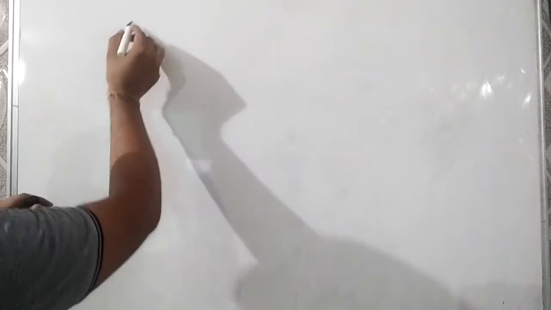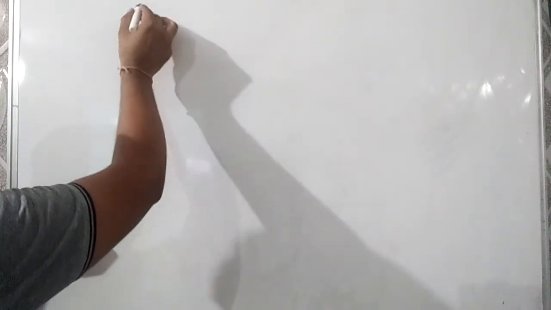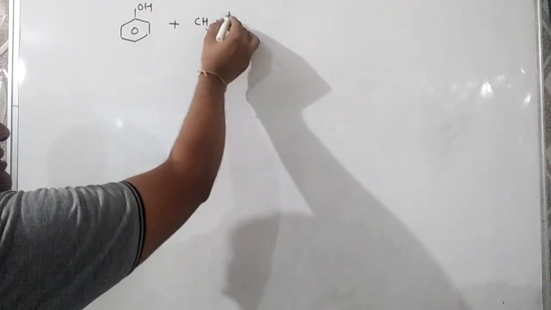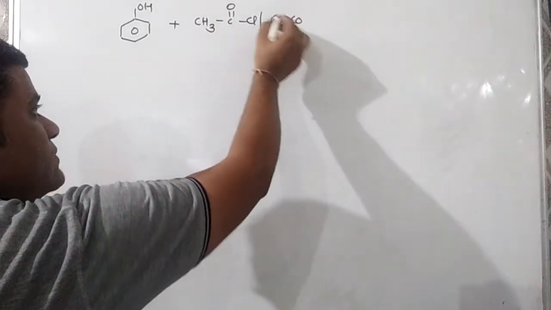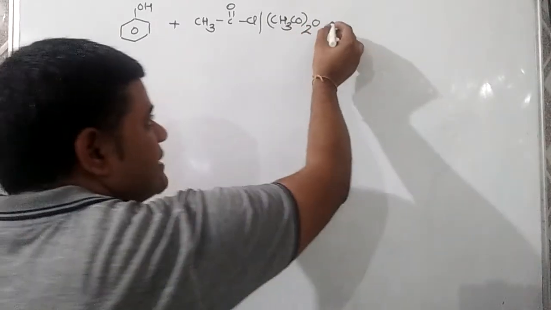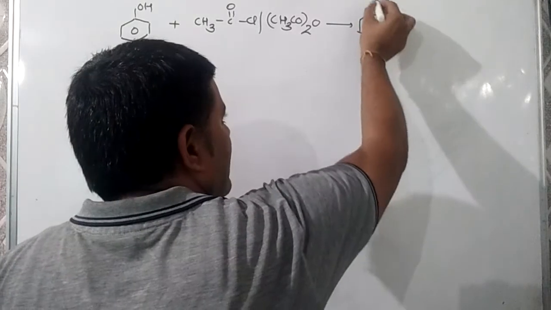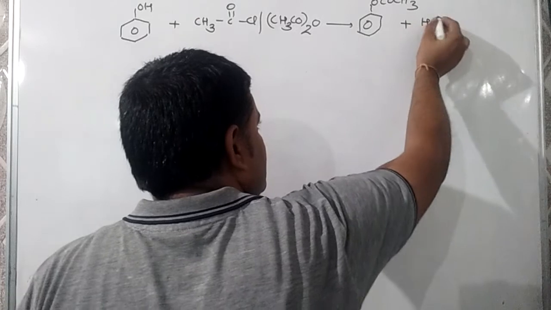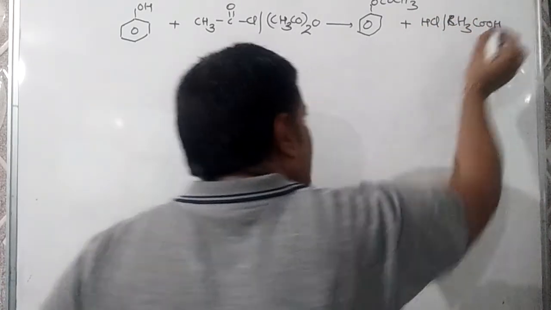In acylation reaction, phenol will react with an acid chloride or acid anhydride to produce an aromatic ester as a product, and this reaction is known as acylation reaction.